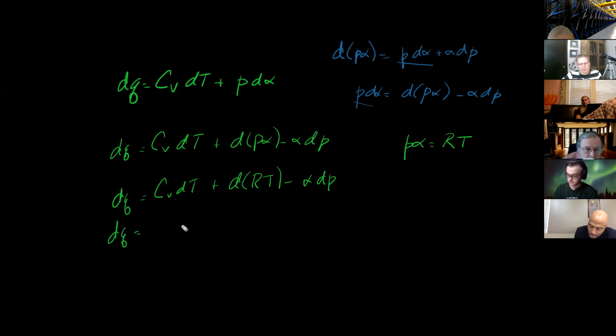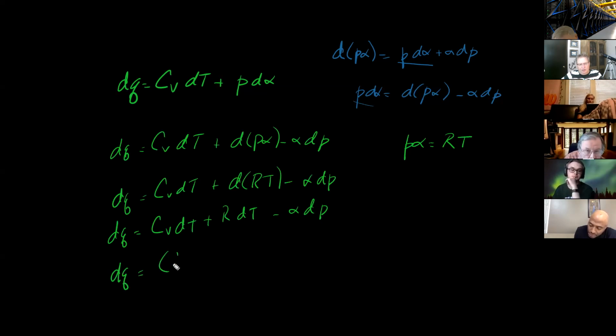Gradient? No, the derivative is just the constant times dT. So it's dq equals (CV plus R) dT minus alpha dP.